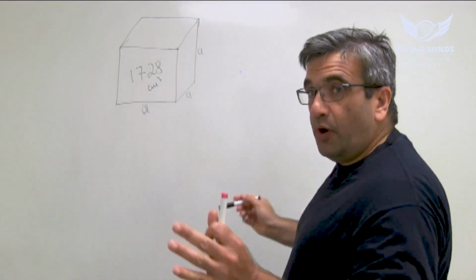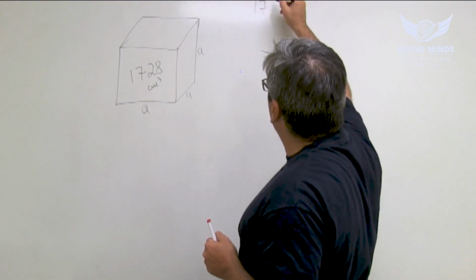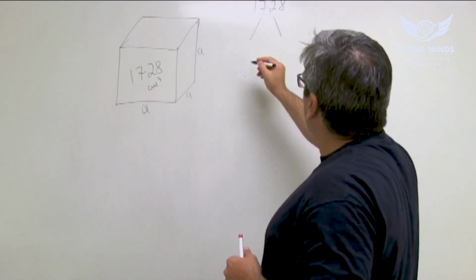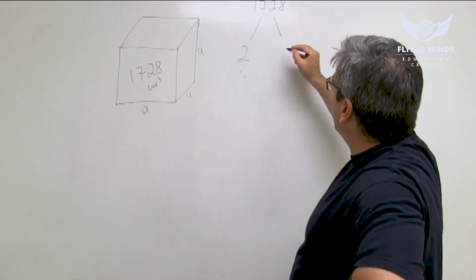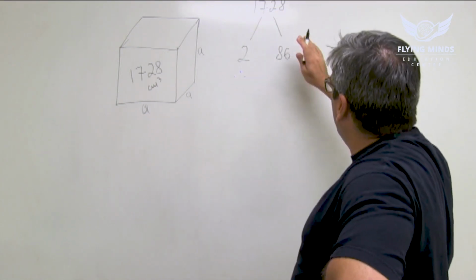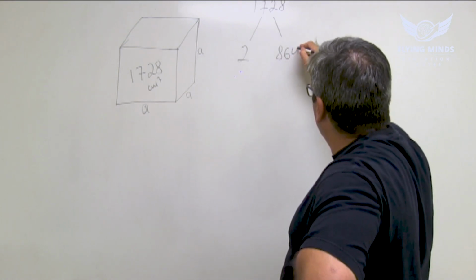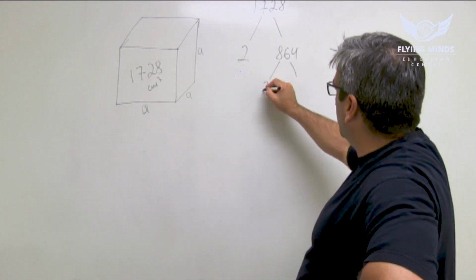Okay, same process, prime factorization. So 1,728 divided by 2 is 864, then 432, then 216.